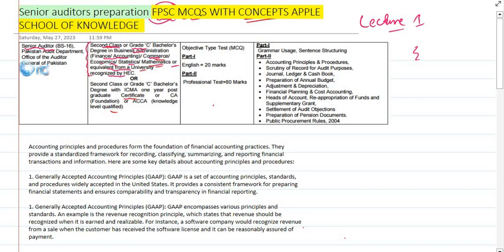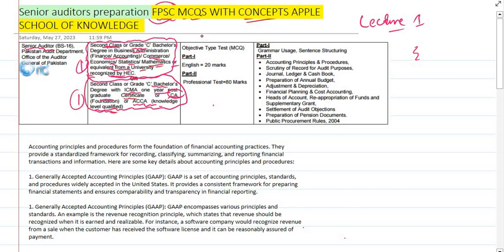So you must have a second class bachelor degree in the field of business administration, or you may also be eligible for this post if you possess a bachelor degree along with ICMA one-year postgraduate certificate or chartered accountancy CA foundation or ACCA knowledge base level qualified. So if you have this one, then you are eligible. If you have this one, then you are also eligible.